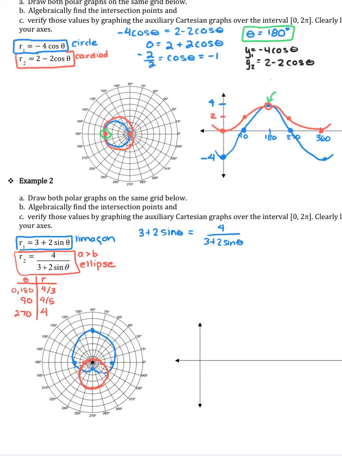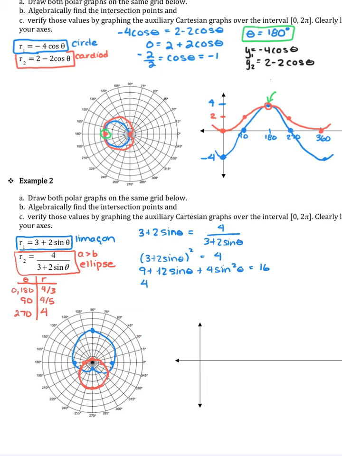And I can then cross multiply so that I have 3 plus 2 sine theta squared equals 4. So this is going to be 9 plus 12 sine theta plus 4 sine squared theta equals 16. Looks like we have ourselves a quadratic.